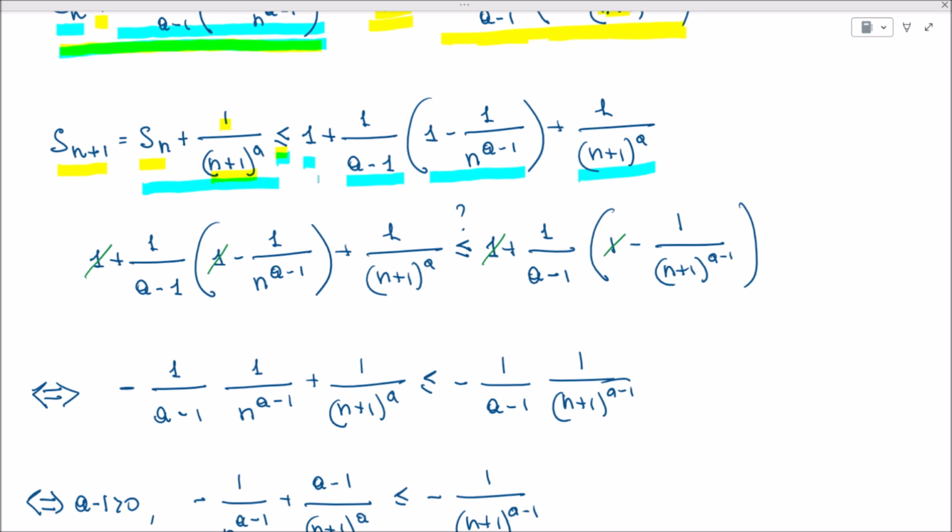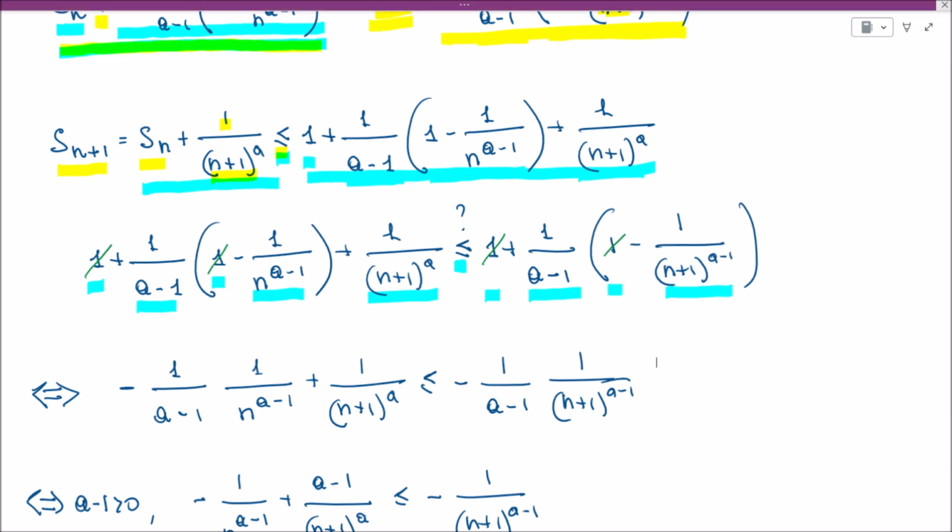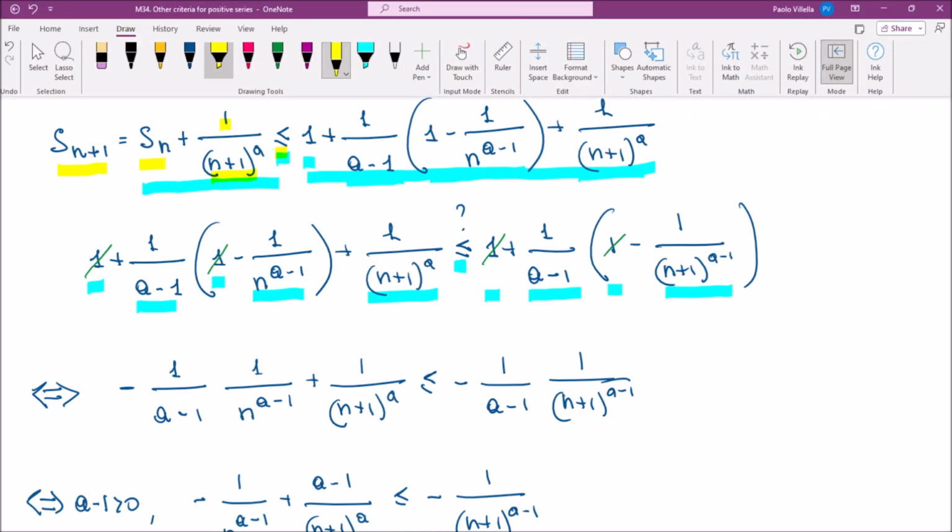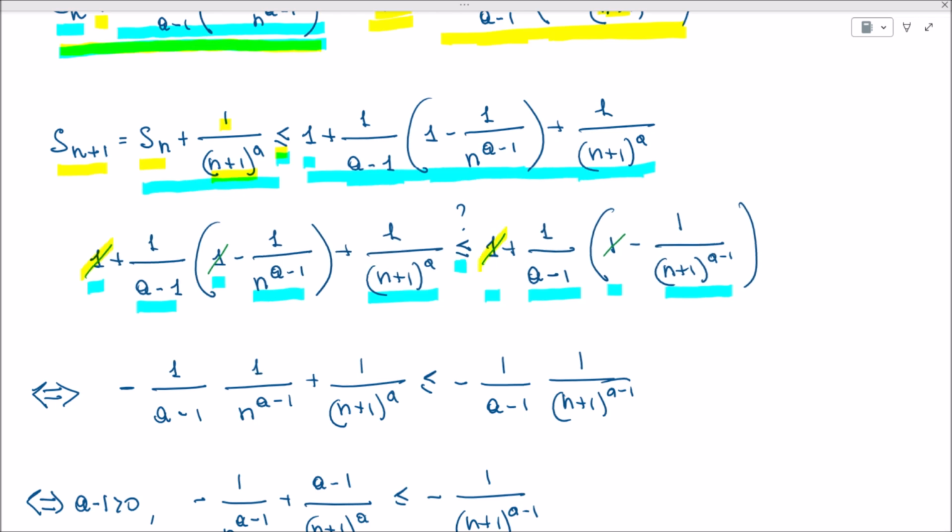Now consider this. This is what we have got so far. So we have 1 plus 1 over a minus 1 times 1 minus 1 over n to the a minus 1, plus 1 over n plus 1 to the a. And we want to prove that this is less than or equal to 1 plus 1 over a minus 1 times 1 minus 1 over n plus 1 to the a minus 1. Now let's make a few simplifications here. Of course, this 1 and this 1 belong to both sides of the inequality. They will cancel out.